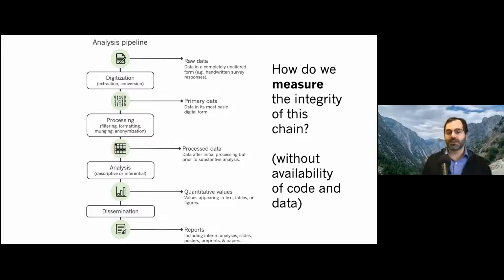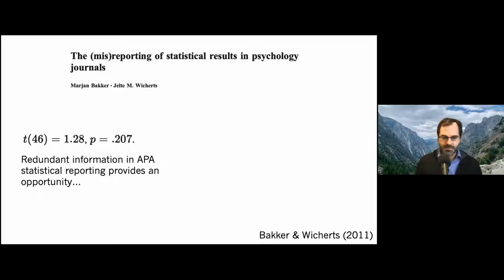Let me tell you about a clever way that one research group has worked on this. This is originally work by Bakker and Wicherts. Bakker and Wicherts made an observation about the psychology literature, which is that the American Psychological Association mandates a particular statistical format for reporting.